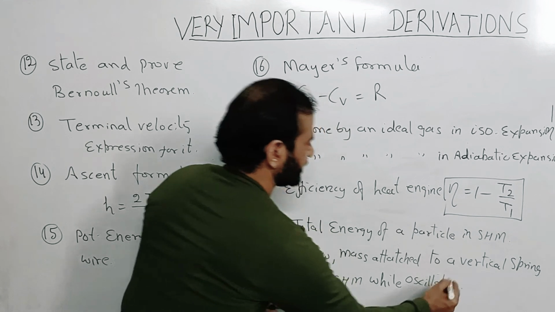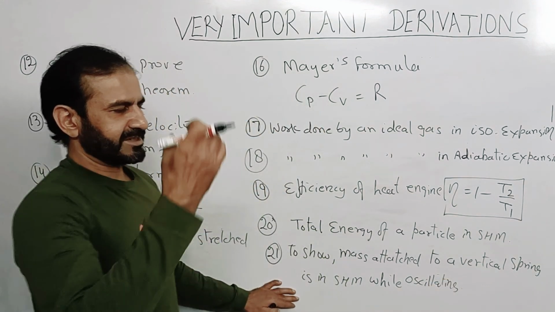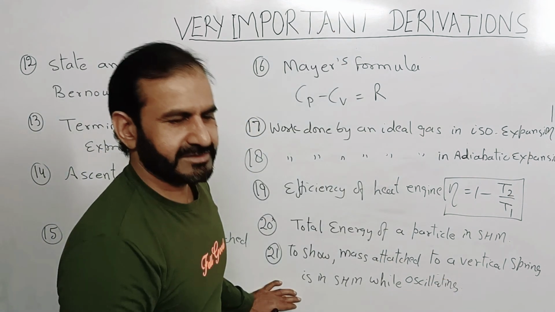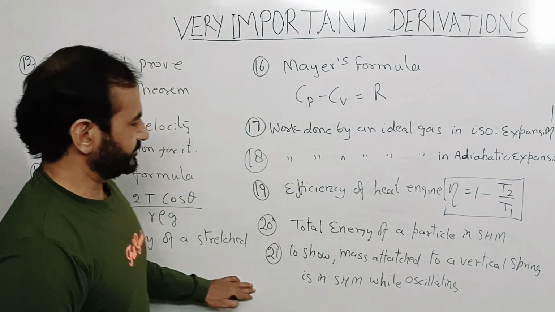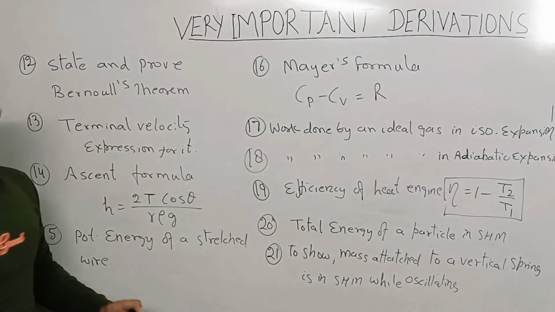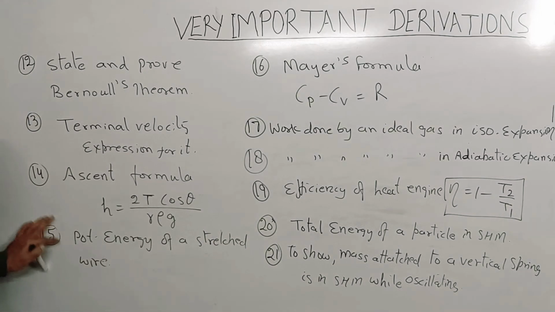If a mass is attached to a vertical spring and there are oscillations, then show that these oscillations are in SHM. Okay. More derivations.